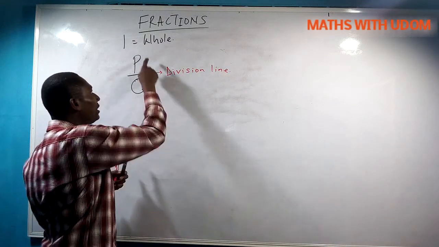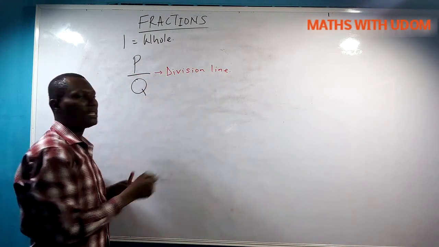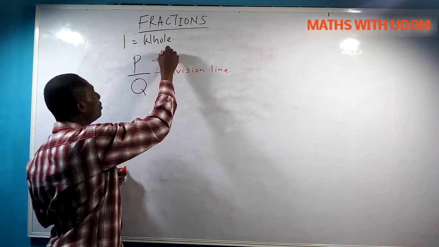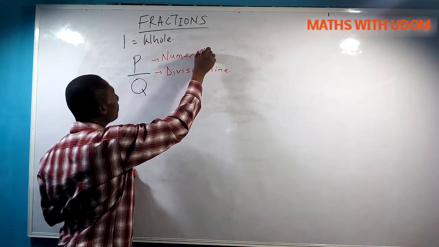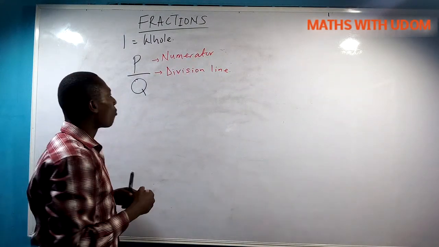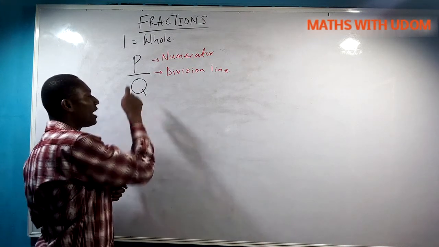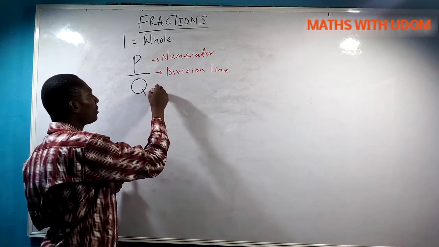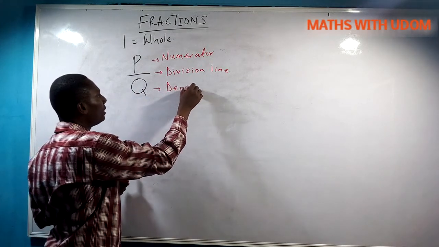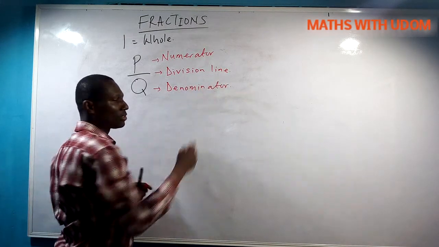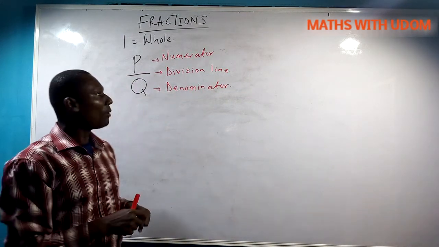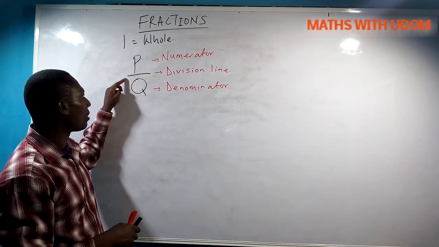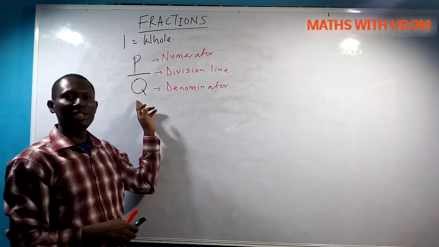Okay, the alphabet P, which is above the division line, is called the numerator, while the alphabet Q below the division line is called the denominator. So P is our numerator, the horizontal stroke is our division line, and Q is the denominator.